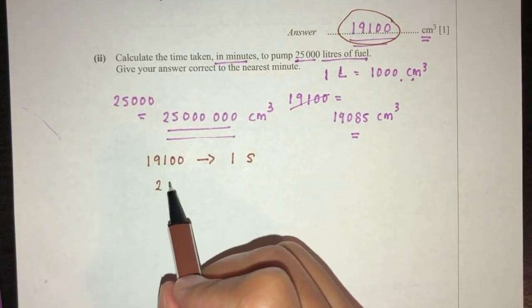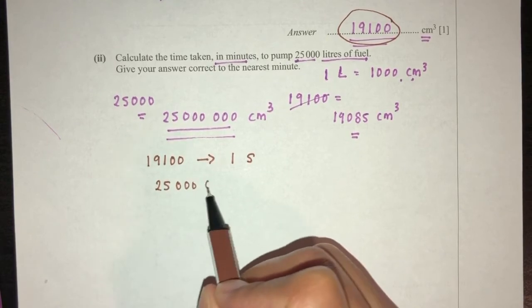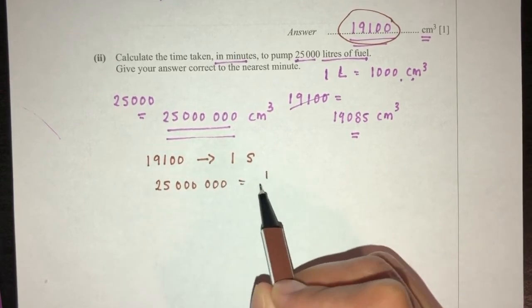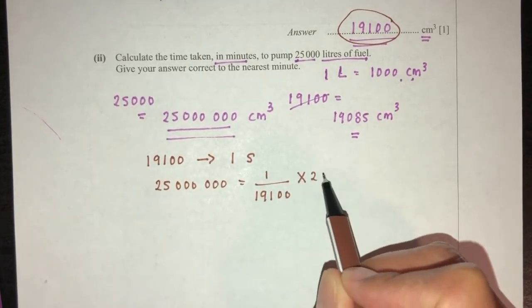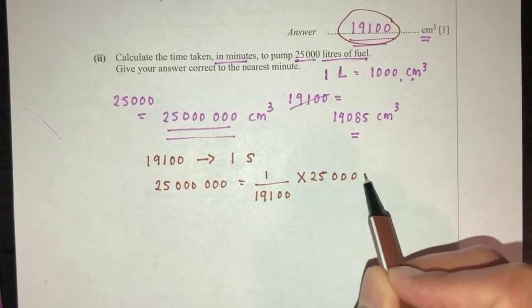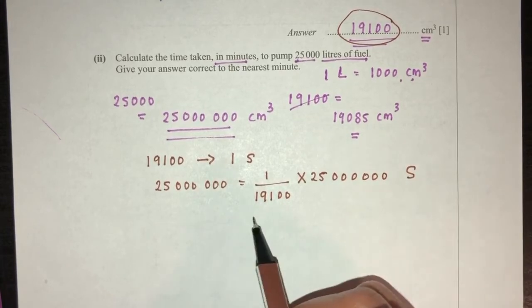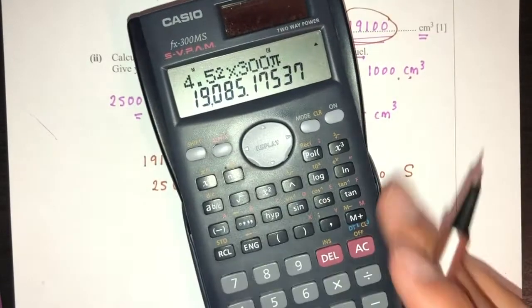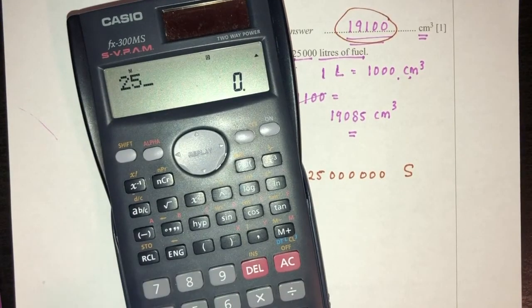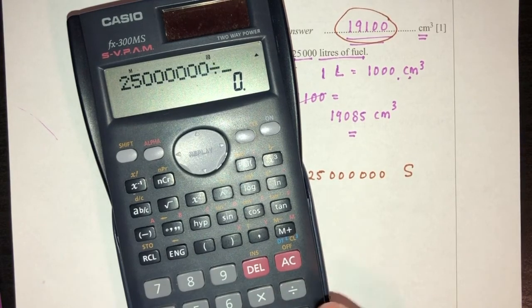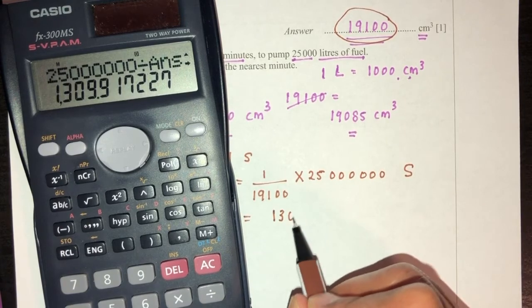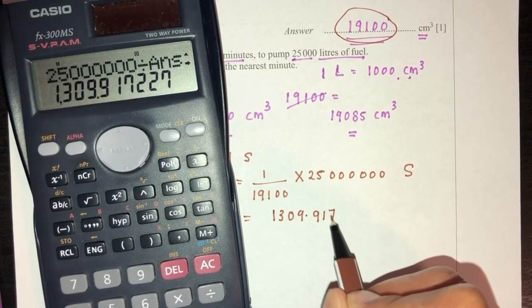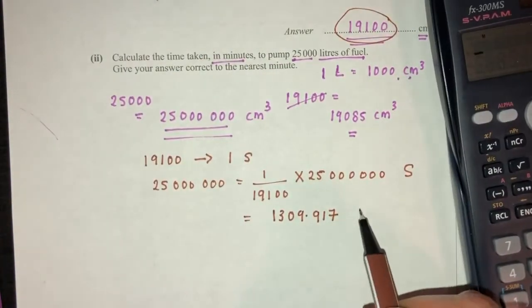That will be 1 divided by 19,085 times 25 million, that is in seconds. So let's do that. 25 million divided by 19,085, that is about 1309.917. So that is in seconds.